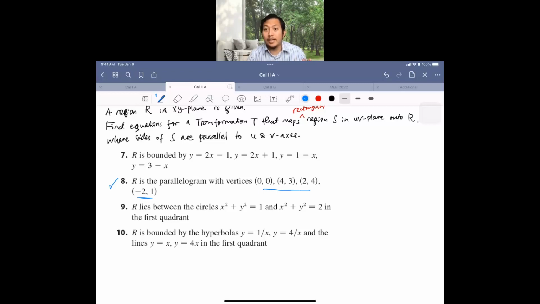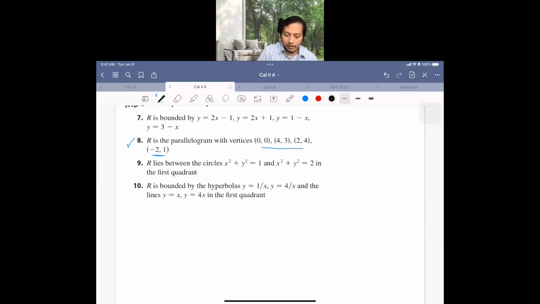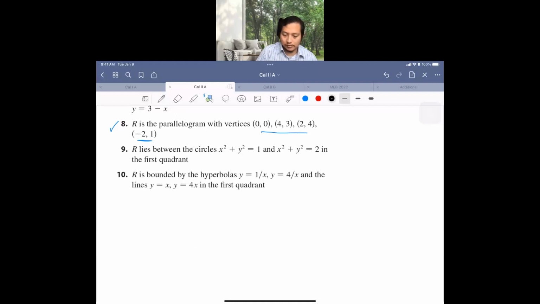But this is just to find the T. The question is just to find the T. What's the possible T? There are some possibilities, and we need just to find one way to make it into our rectangle. So if you want to take it into our sketching, okay, let me do number 8 for you.